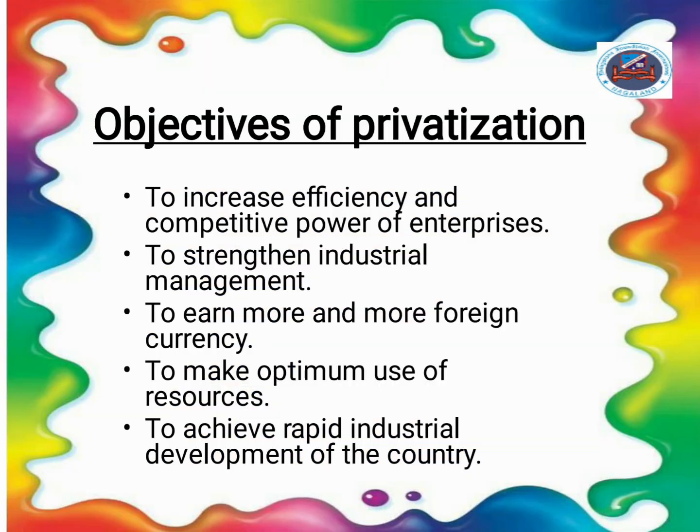Now, some of the objectives of this privatization are to increase the efficiency and competitive power of the enterprises, to strengthen the industrial management, to earn more and more foreign currency, to make the optimum use of our resources, and to achieve a rapid industrial development in our country.